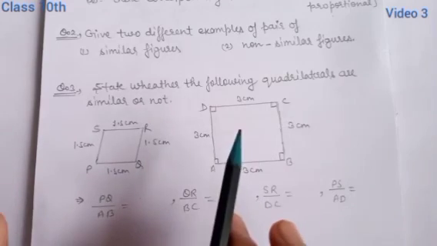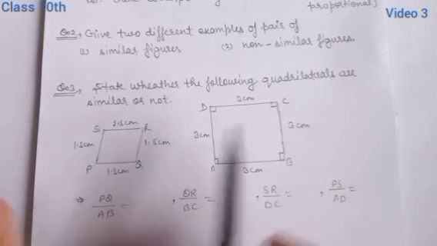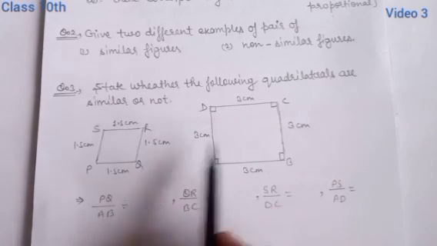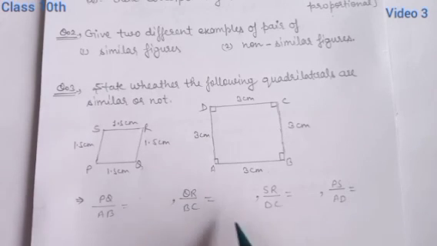So we can't say anything about their similarity. Even if we find that the ratio of their corresponding sides is equal, angles are not given, so we can't find out whether these are similar or not. So we can say no. Okay, the answer is no.